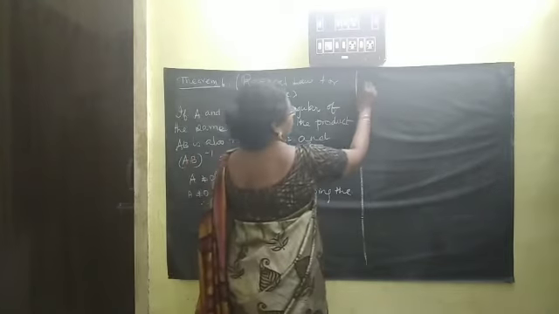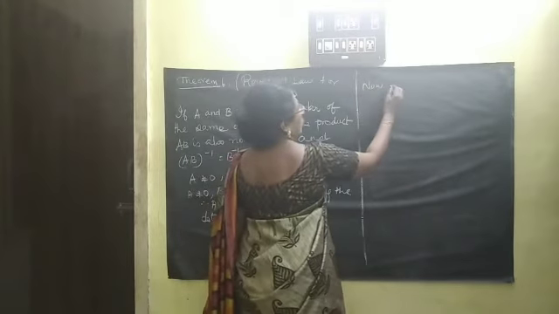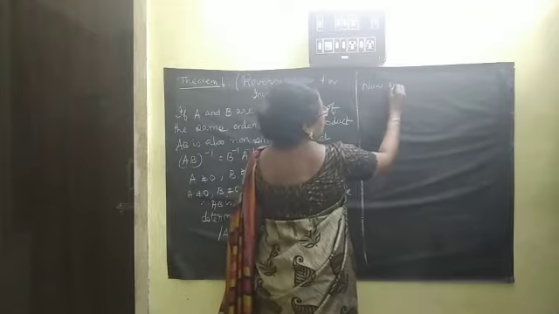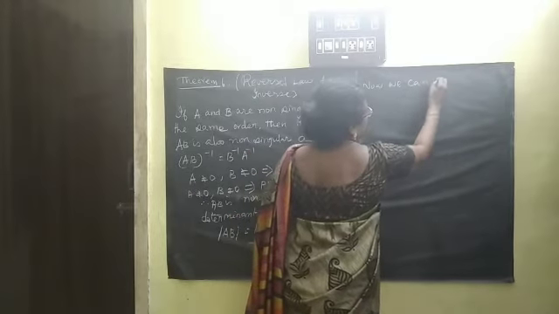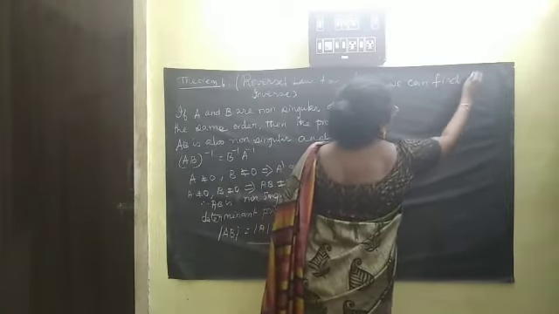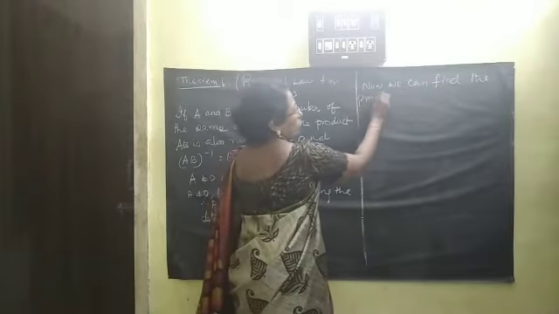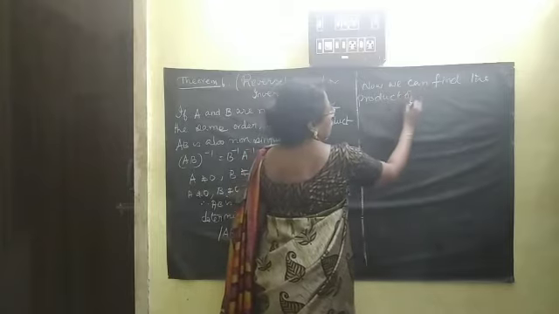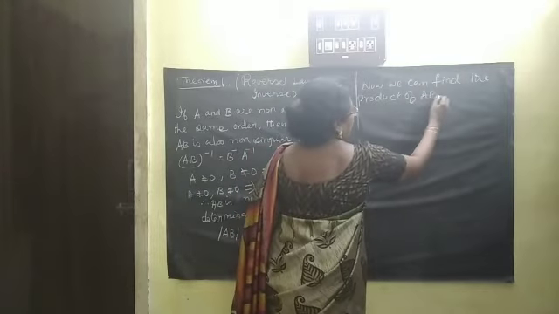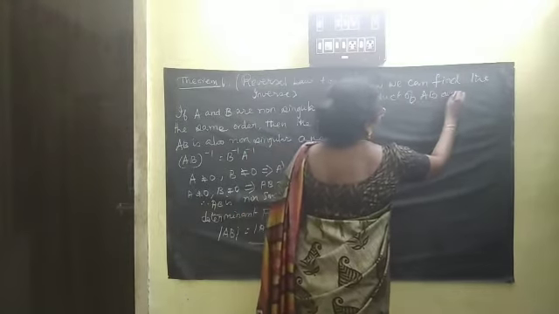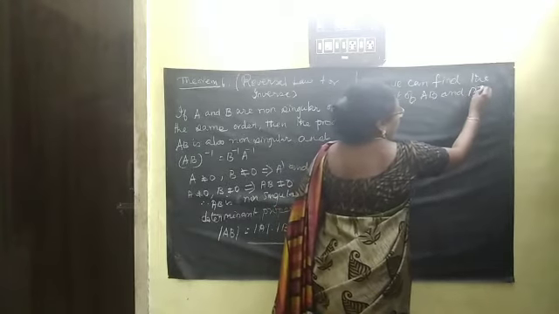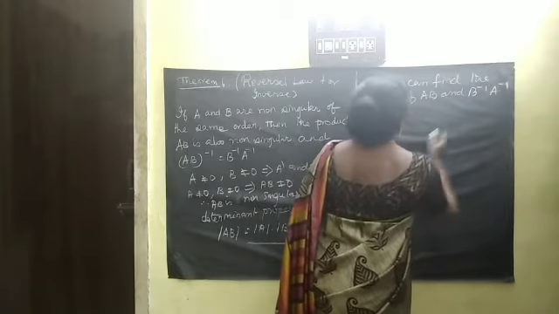Now, we can find the product of AB and B inverse A inverse.